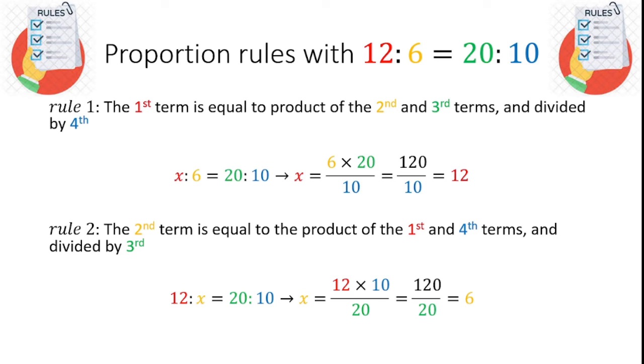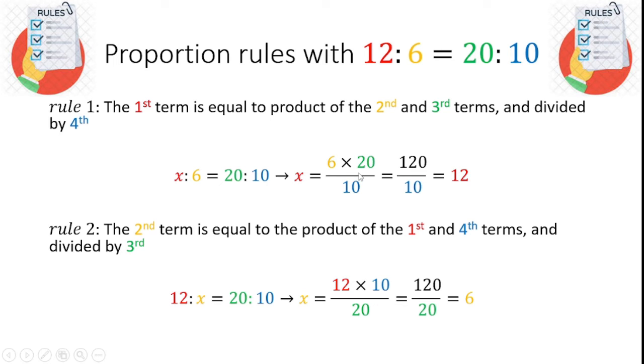Here what is the first term? I don't know, so here I represented it with x. The second term is 6, the third term is 20 and the fourth term is 10. So I can get the first term from rule 1. Here you see x is equal to the product of the second term and the third term, which means the second term is 6 and the third term is 20.